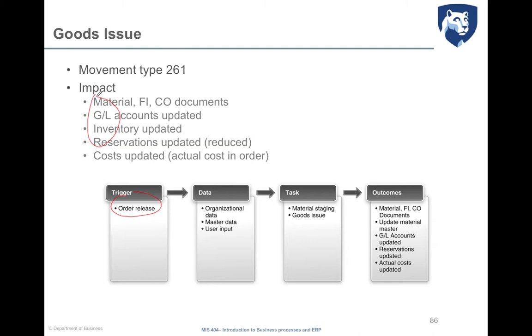It has impact on reservations because, if you remember, with reservation you allocate some materials to the production order, and then of course on final production cost calculation, because now we are stepping into the real world. So what previously were planned costs are now actual costs, because materials which are part of the production cost are now taken from the storage and brought to the production line or the production shop.